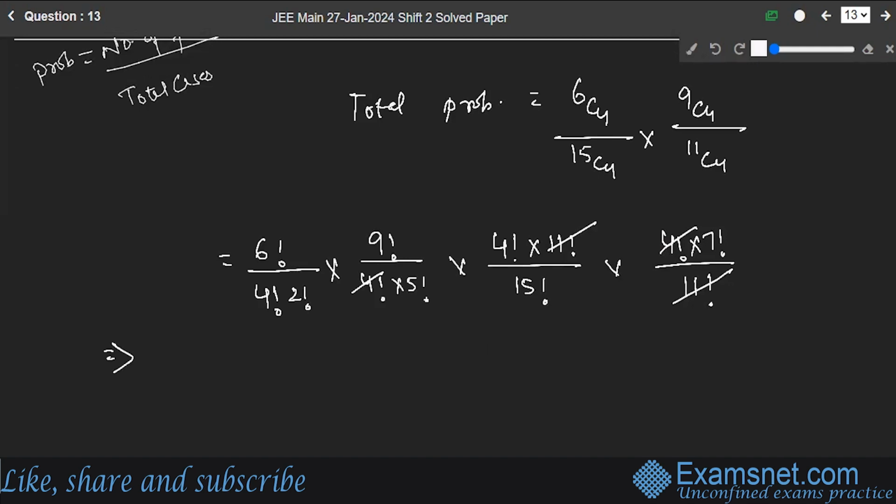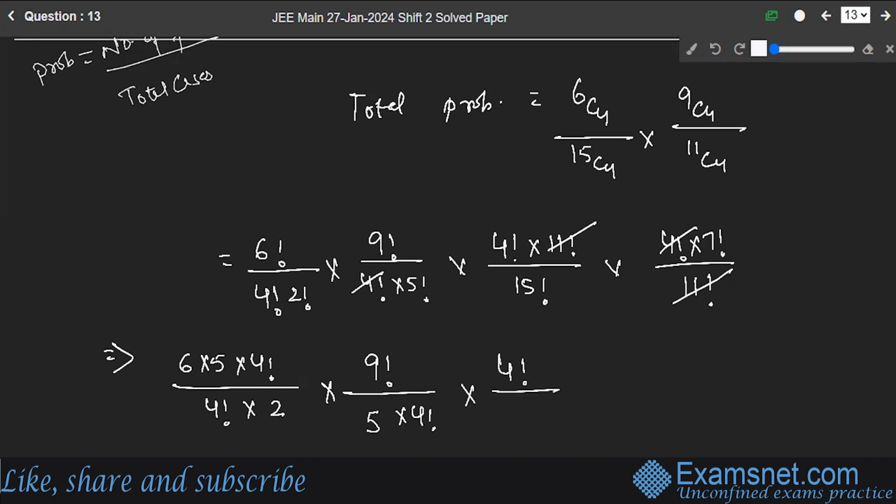So here you have 6 into 5 into 4 factorial upon this into 2, multiply 9 factorial only. And let this be 5 into 4 factorial into 4 factorial upon 15.